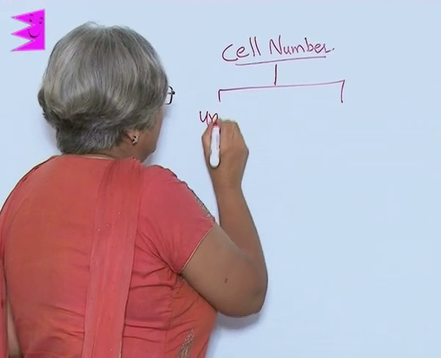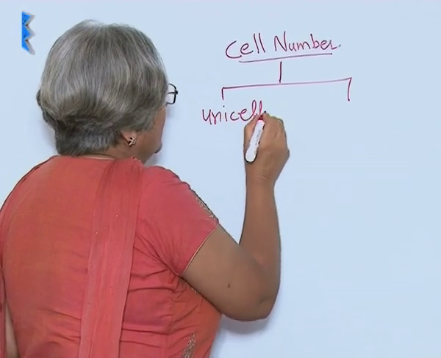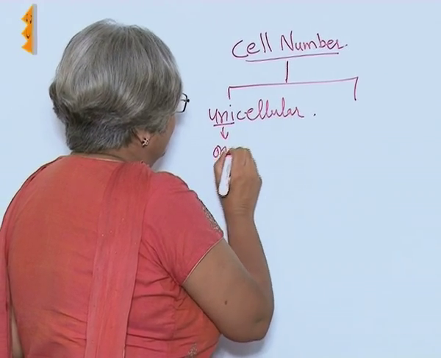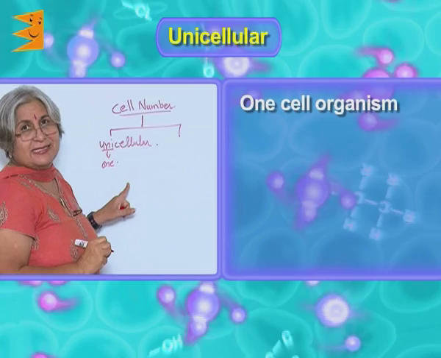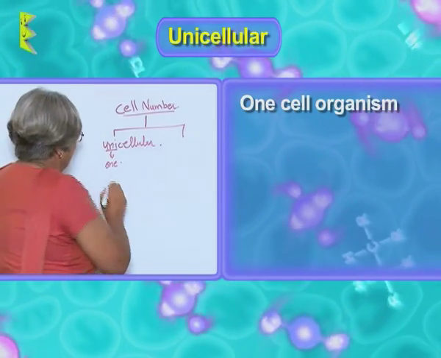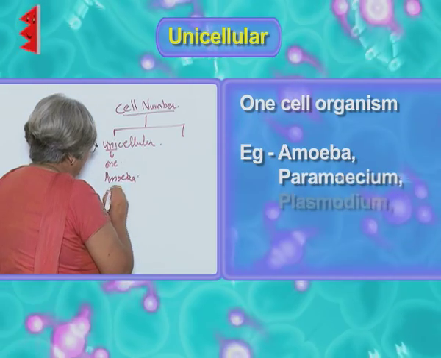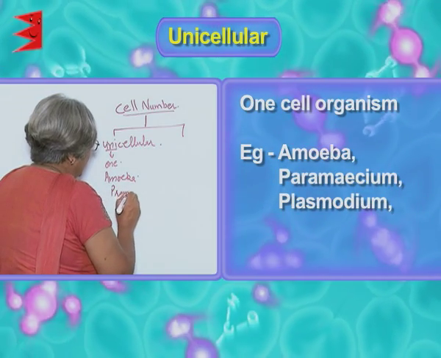First is unicellular. The meaning of the word uni is one. So it is a one-celled organism like amoeba, paramecium, plasmodium and so on.